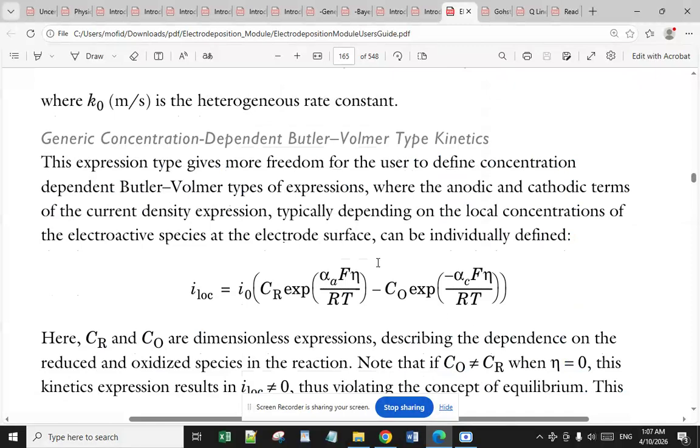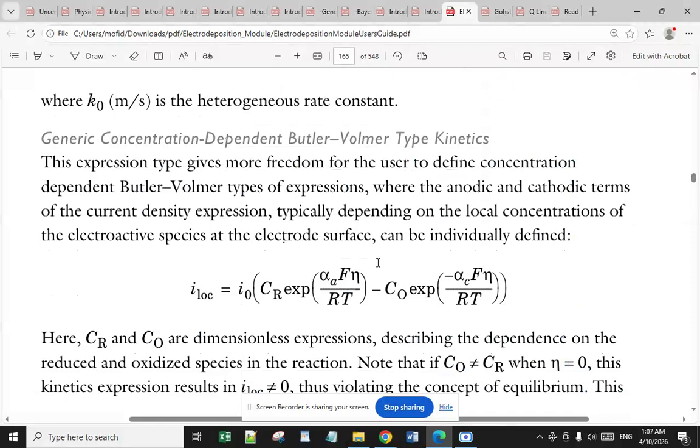Now I want to go through the generic concentration dependent Butler-Volmer type kinetics. This expression type gives more freedom to the user to define concentration dependent Butler-Volmer type expressions, where the anodic and cathodic terms of the current density expression, typically depending on the local concentrations of the electroactive species at the electrode surface, can be individually defined as follows.